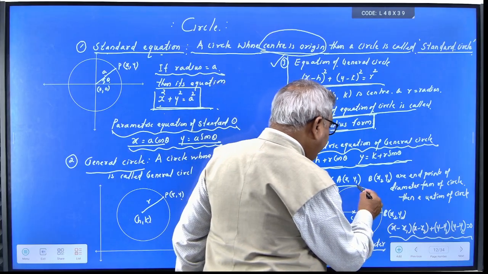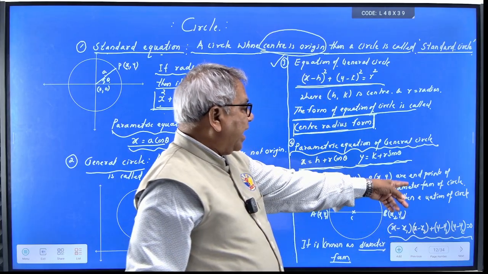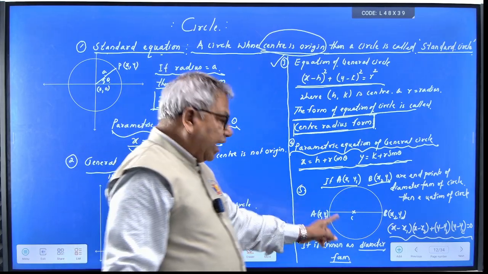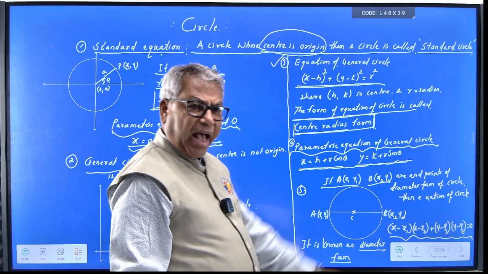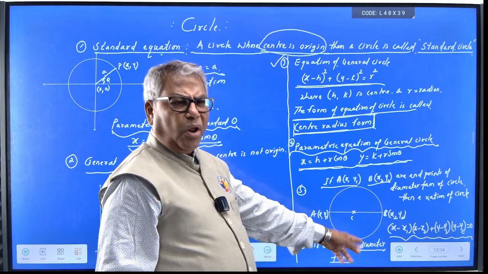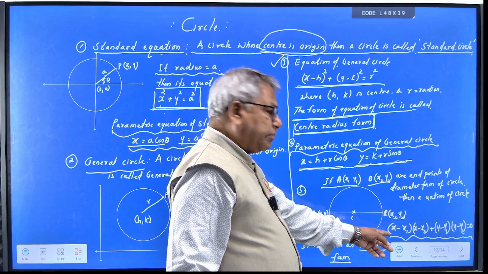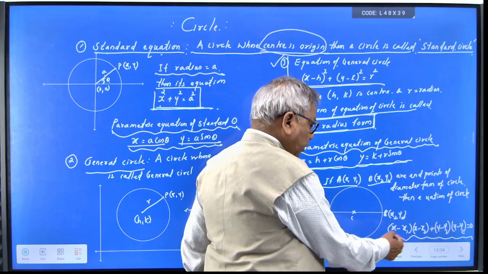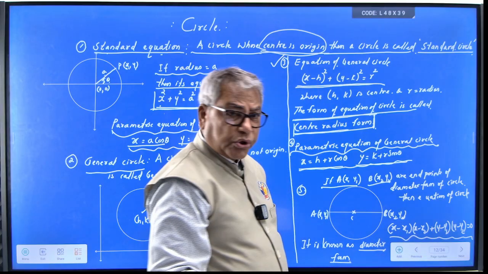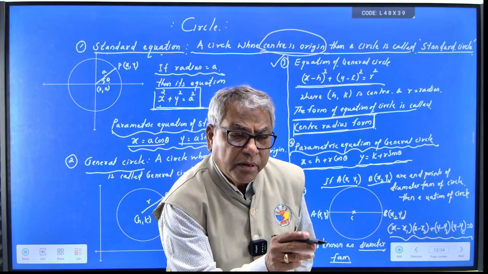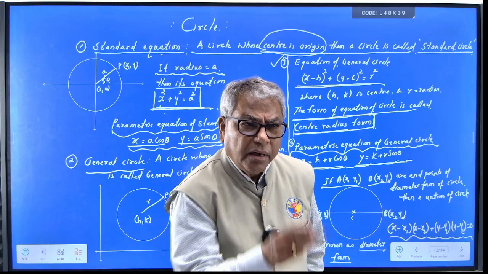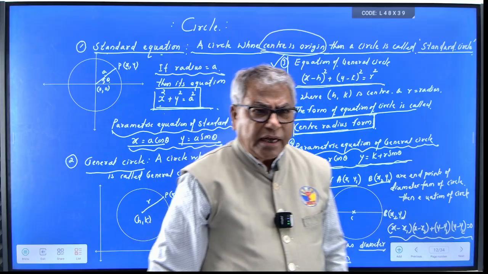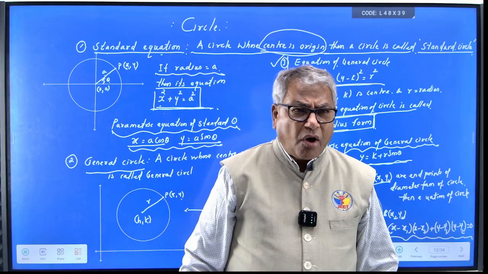Now if A(x1, y1) and B(x2, y2) are the endpoints of a diameter AB, here I show the diameter AB, its equation can directly be written as (x minus x1)(x minus x2) plus (y minus y1)(y minus y2) equals 0. This form is known as the diameter form of the circle.